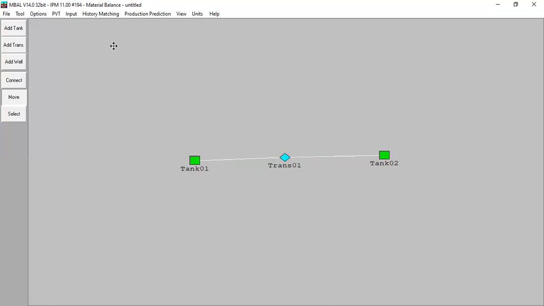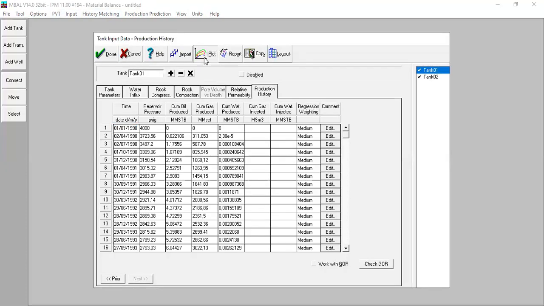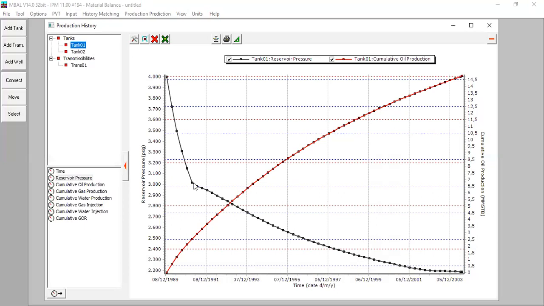That's why if we plot the reservoir pressure in tank 1, the decline becomes slower because of support from tank 2. Okay, so I need to explain the story quite comprehensively so that you get a clear picture about what transmissibility is, what the connection between two reservoirs is.